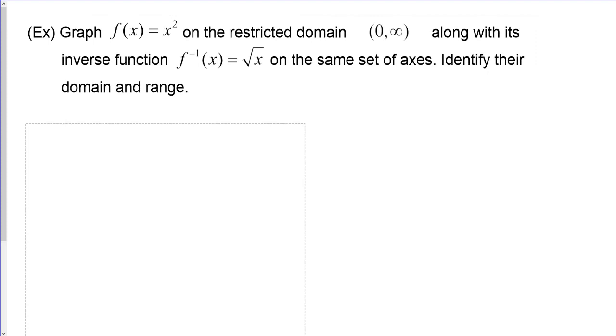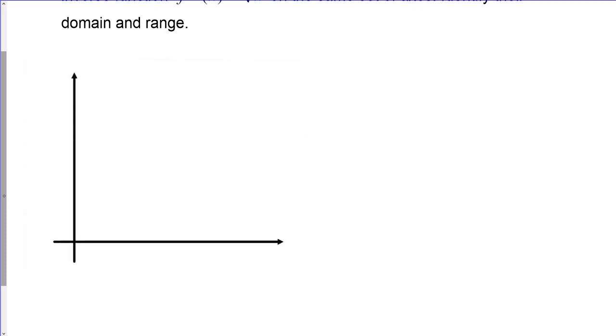So let's graph the function f of x equals x squared on the restricted domain from 0 to infinity, and I meant that to be a bracket, so I want to include 0, along with its inverse function f inverse of x equals square root of x on the same set of axes, and identify their domain and range. Okay, so f of x equals x squared we know is a parabola, and ours is restricted to the domain 0 to positive infinity.